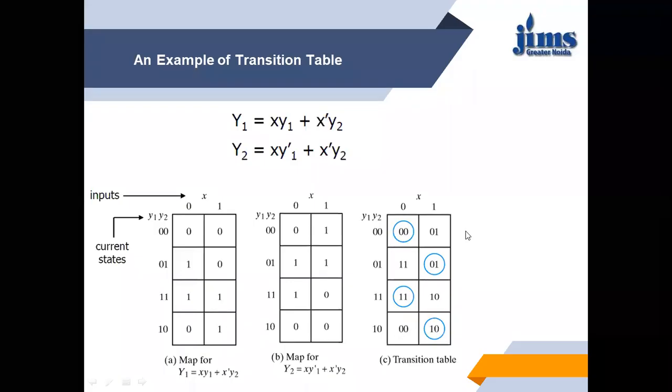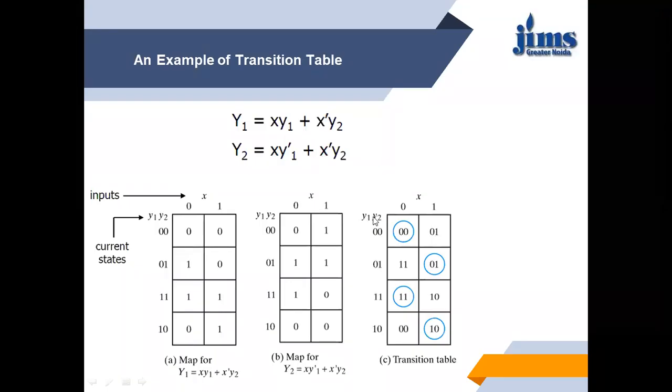In each row, if capital Y, that is Y1 and Y2, equals small y, and the capital Y1 and capital Y2 combined are known as capital Y, whenever Y equals y, circle the state. So wherever it is 0, 0, that should be circled.